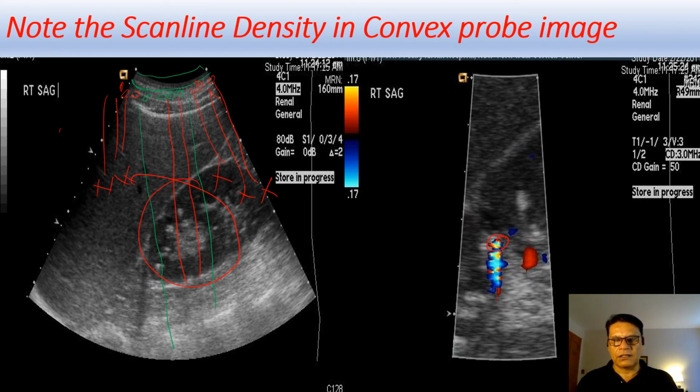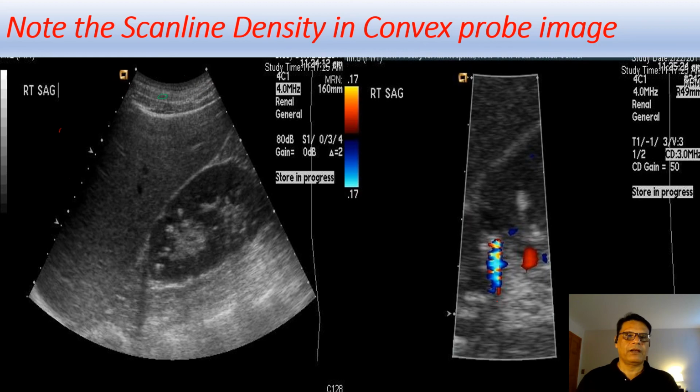Basically, this is the case of nephrocalcinosis, and this will all be discussed in coming lectures.